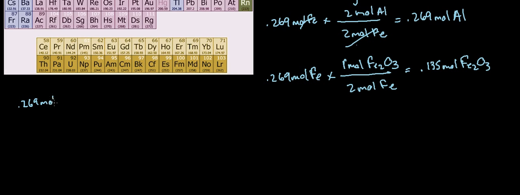0.269 moles of aluminum. Molar mass of aluminum is 26.98.